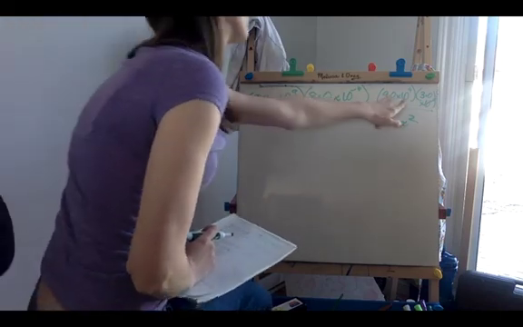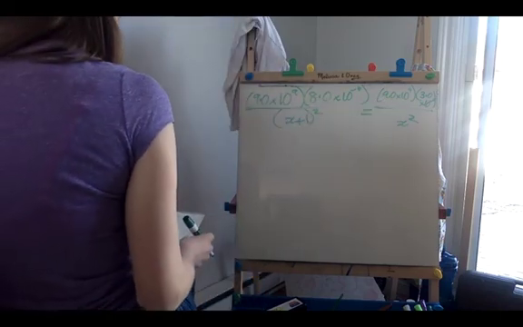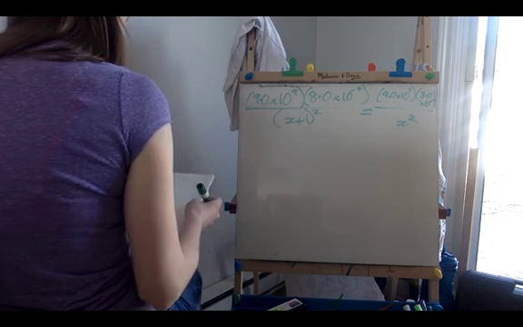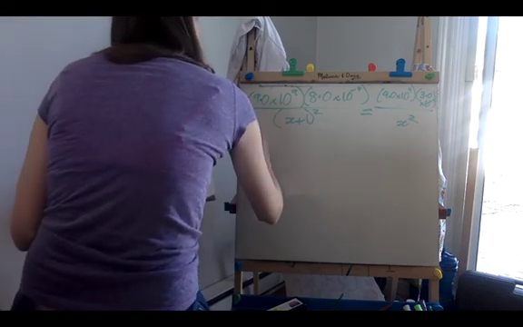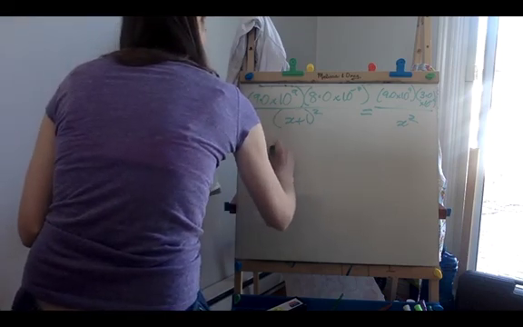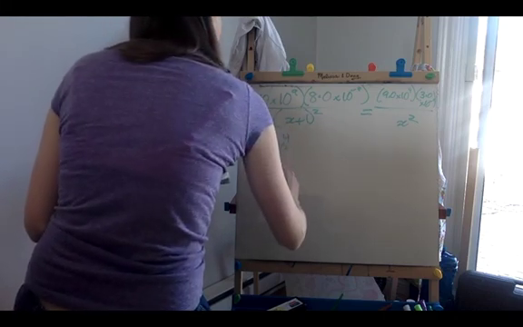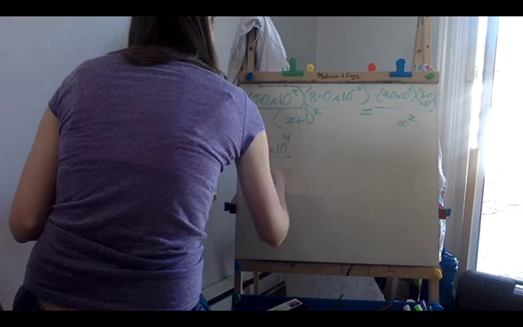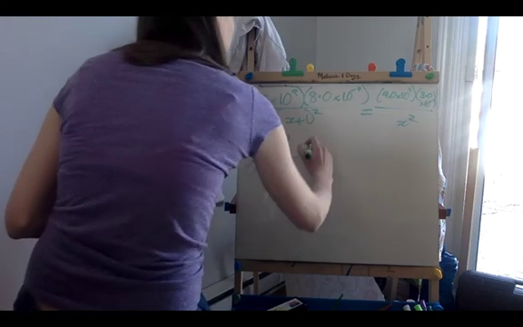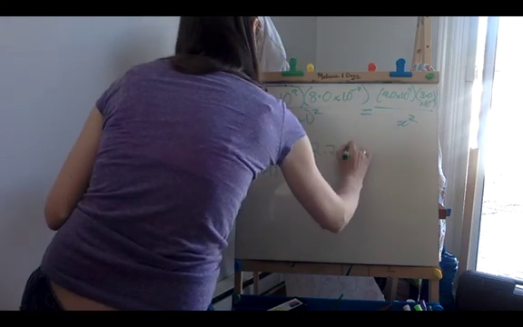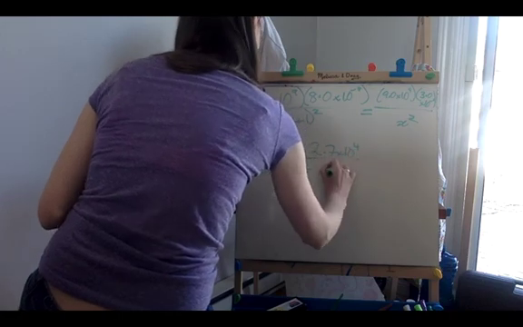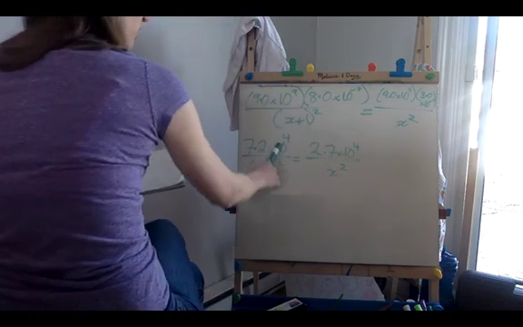We can multiply this, we can multiply this. That gives us a value then of 7.2 times 10 to the 4 divided by x plus 1 squared is equal to 2.7 times 10 to the 4 divided by x squared.